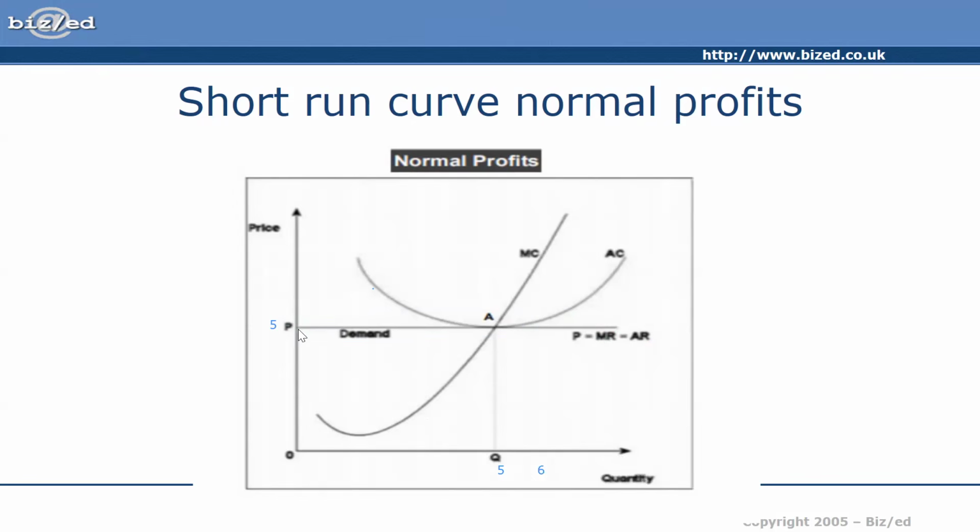If the price is $5 and the quantity is 5, what will be the total revenue? Anybody? How much? I didn't hear you.